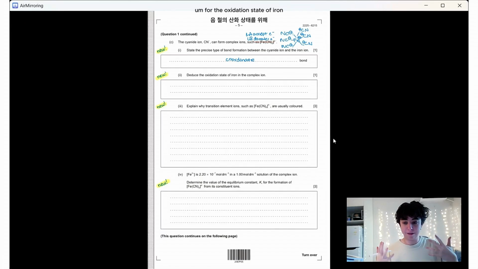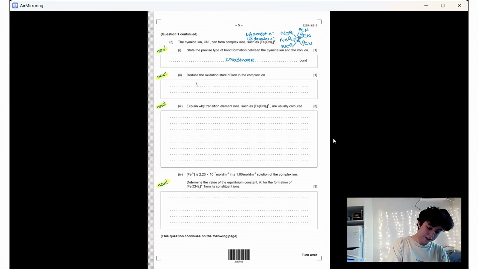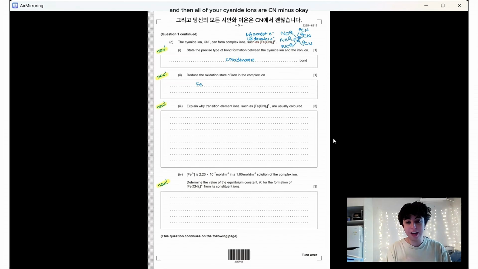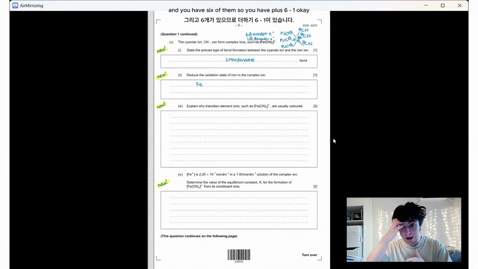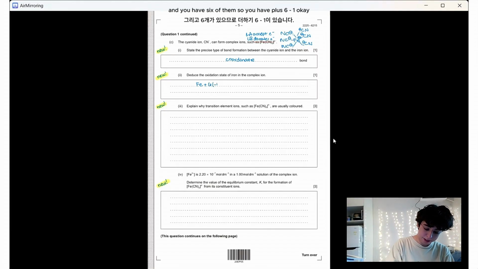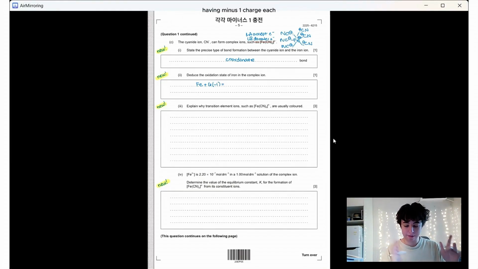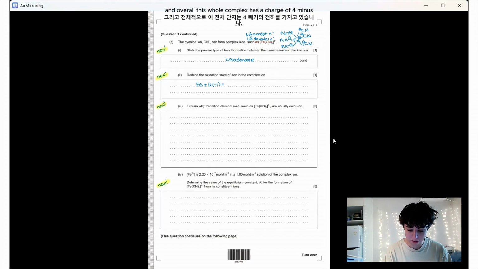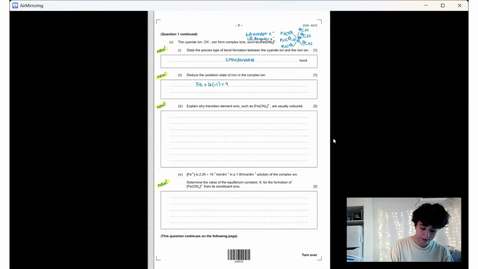For the oxidation state of iron, you do this similarly to the oxidation state of everything else. You have your iron, and all of your cyanide ions are CN minus, and you have 6 of them. So you have 6 ligands with a -1 charge each, and overall this whole complex has a charge of 4 minus.